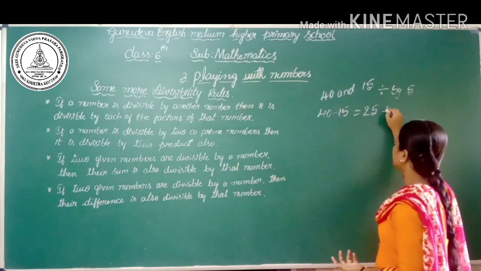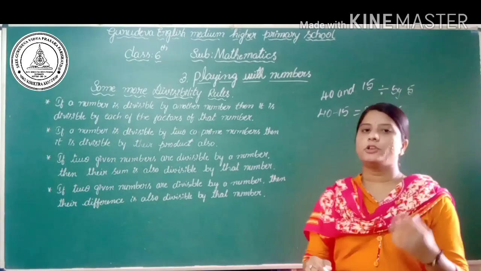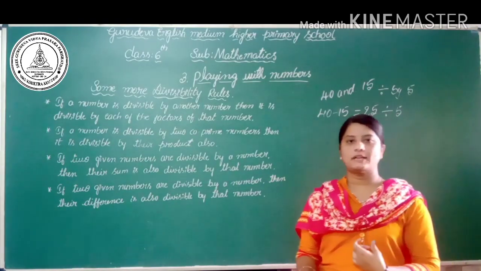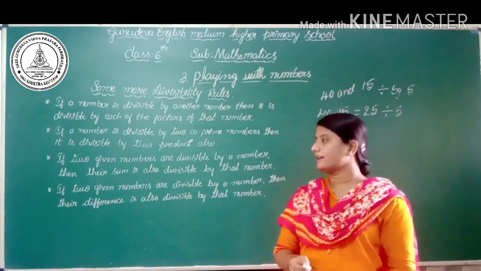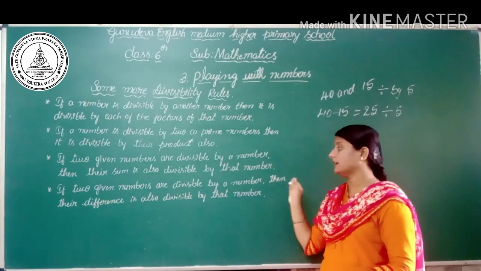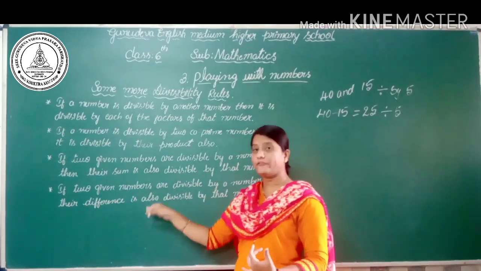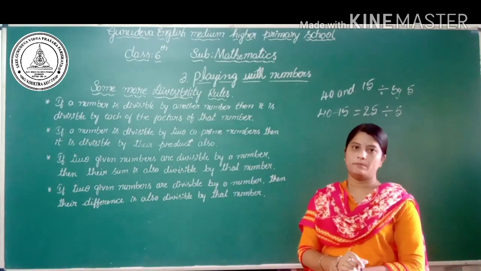So 25 is also divisible by 5. Is it? So you can take more examples and try whether the rules hold good or not. Okay. Yes, the fourth rule is if two given numbers are divisible by a number, then their difference is also divisible by the number. Okay.